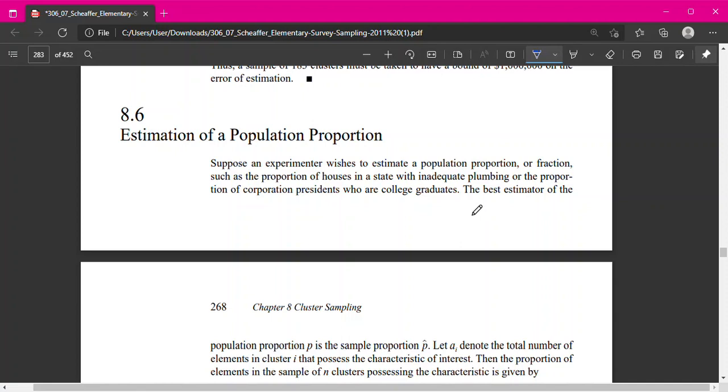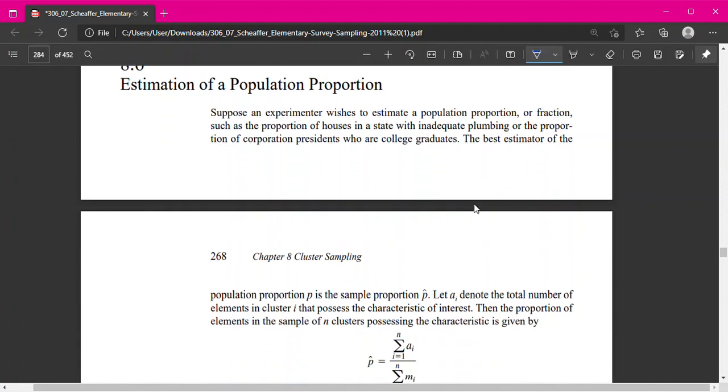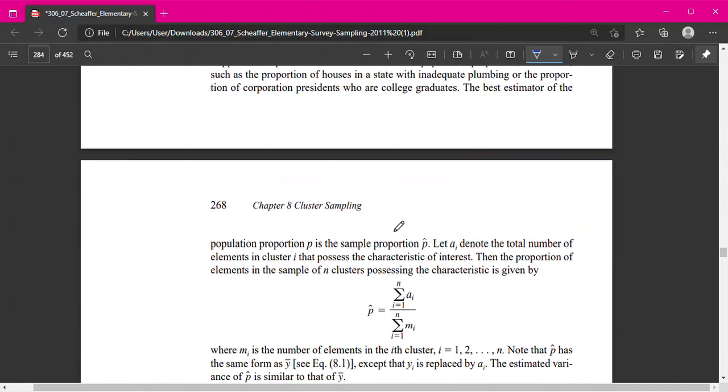So because of that, we find the proportion or the fraction. Sometimes we use percentage, which is also a proportion. The best estimator of the population proportion P is the sample proportion P hat. So we estimate the proportion using the sample proportion P hat.